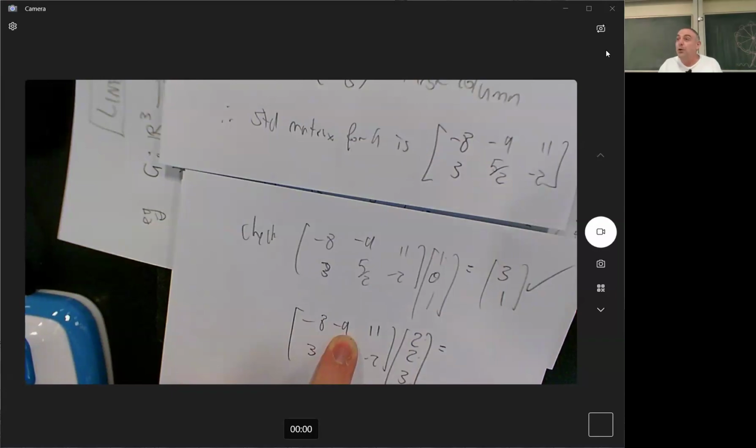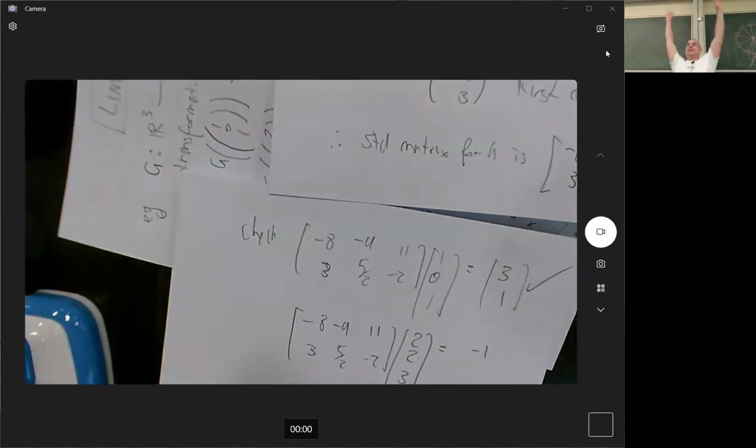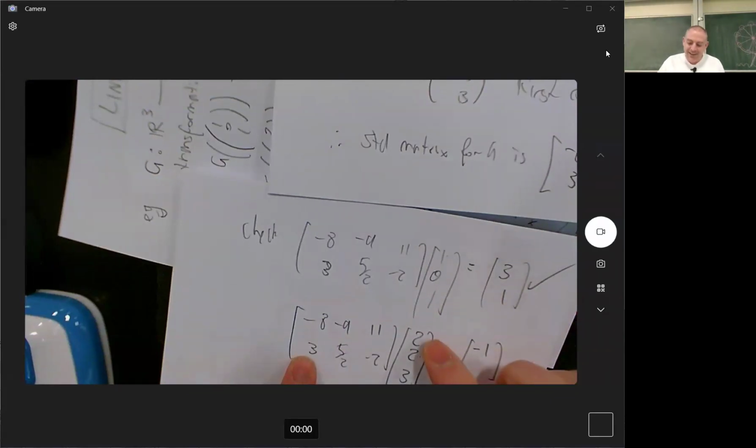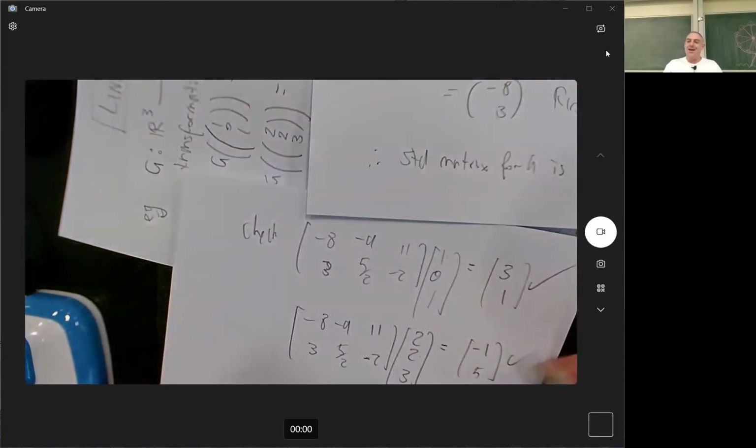It's minus 34, plus 33 is minus 1. Is that what it was supposed to work out to be? Yes! And 6 plus 5 is 11. Minus another 6 is 5. Yay! Okay, awesome.